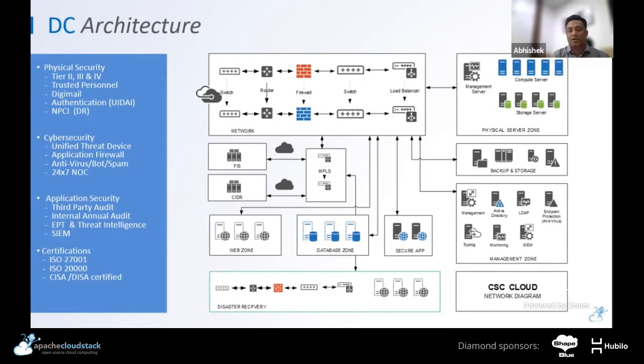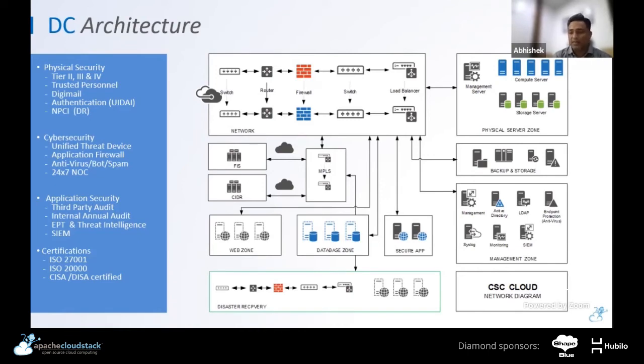So we have uplink connectivity, and then we have the routers, then the firewalls, and at both sites, both data centers, we are completely available on HA, and the switches and the load balancer are all physical. And then we have the management zone. We have the physical servers, again a complete pool of compute servers and a complete pool of storage servers, which is the physical server zone.